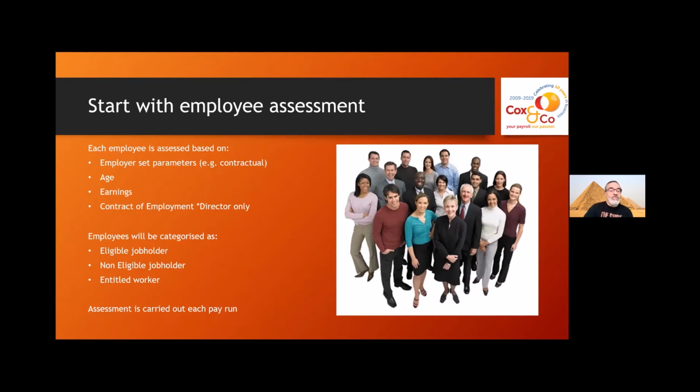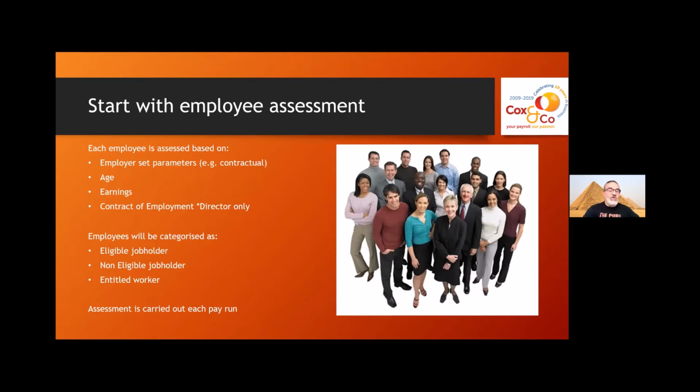Having assessed them, there are three groupings or categories they'll fall into, unless they're really old or really young, so under 16 or over 74. At that point, they're not a worker for AE purposes, and they won't form part of the process.